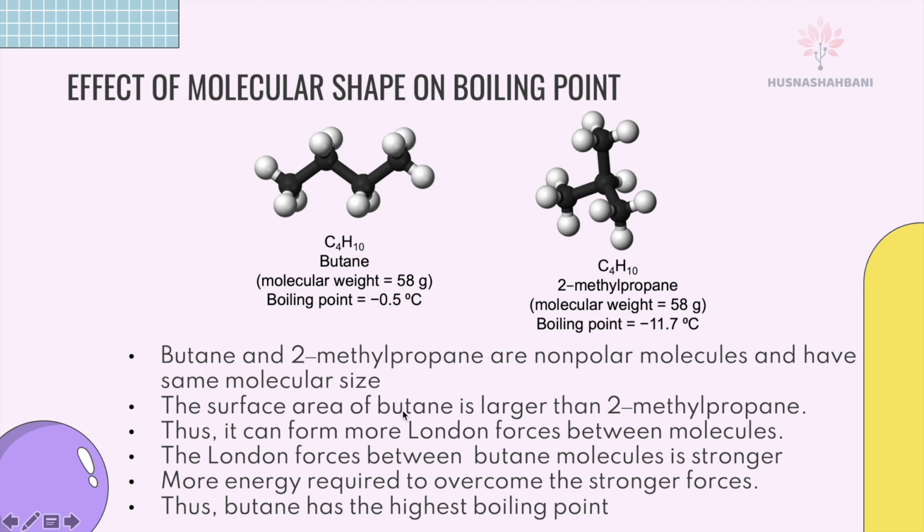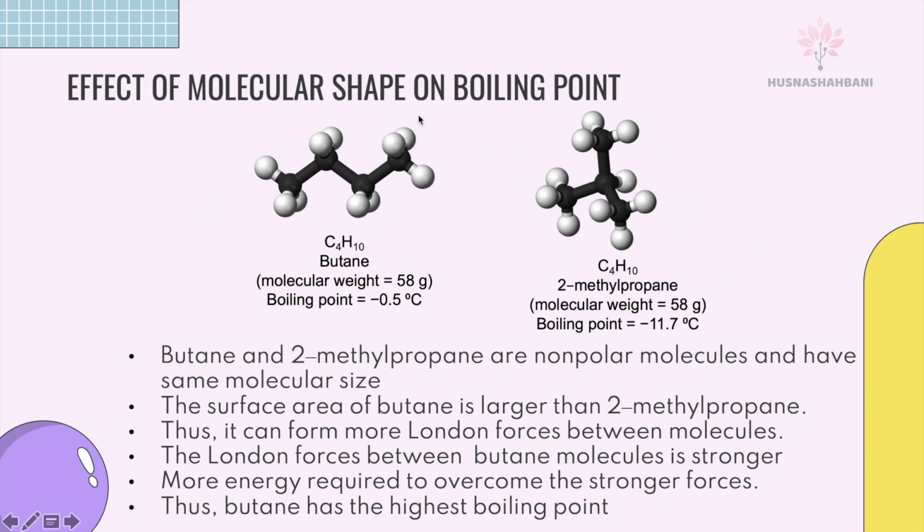The surface area of butane is larger than 2-methylpropane. Here in 2-methylpropane the surface area is smaller because this C and this C block this carbon. Any molecule or atom that wants to approach this carbon is blocked by these carbons, so we say 2-methylpropane has less surface area.